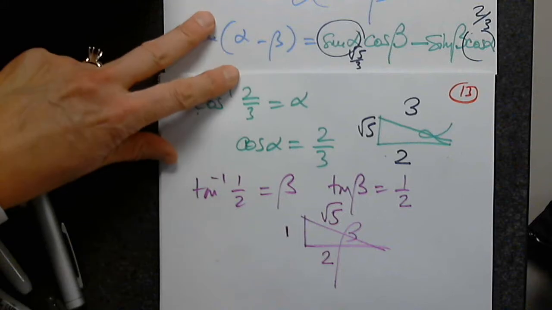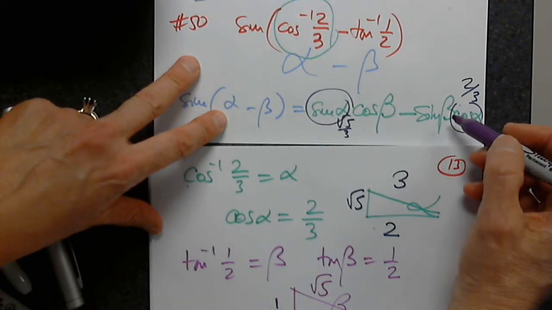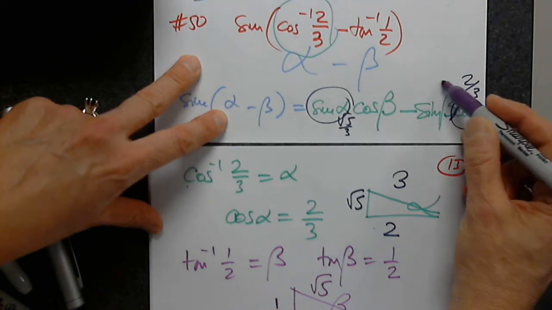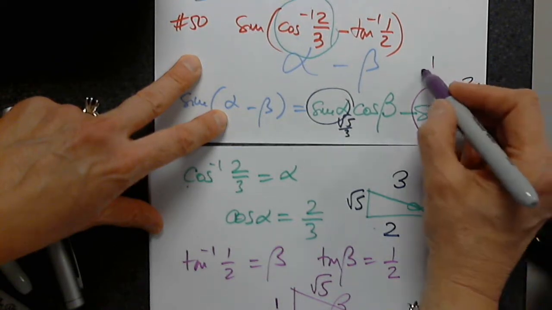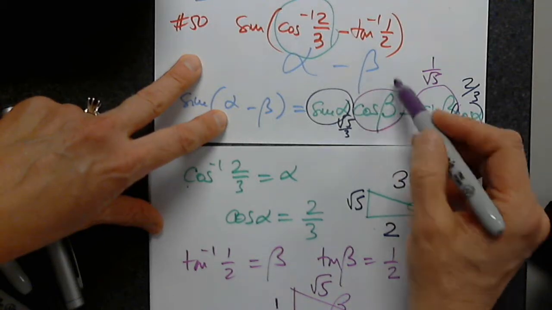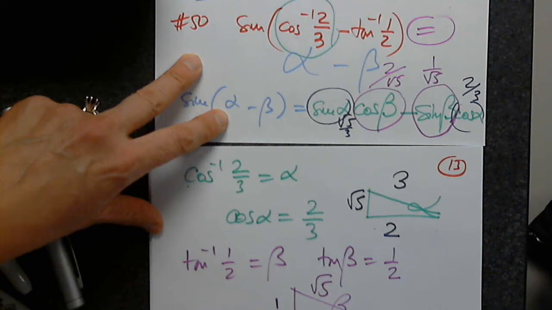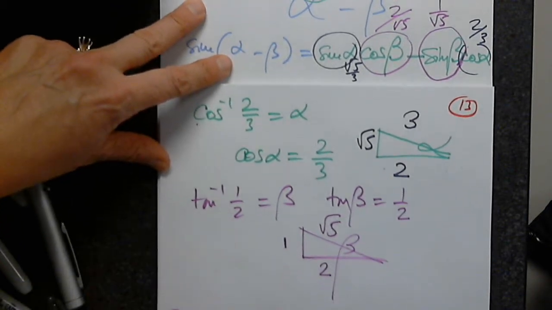Good. Okay, so sine beta, please. Oh, okay. 1 over the square root of 5. Cosine beta, please. And now I'm expecting anyone to give me the formula to write.